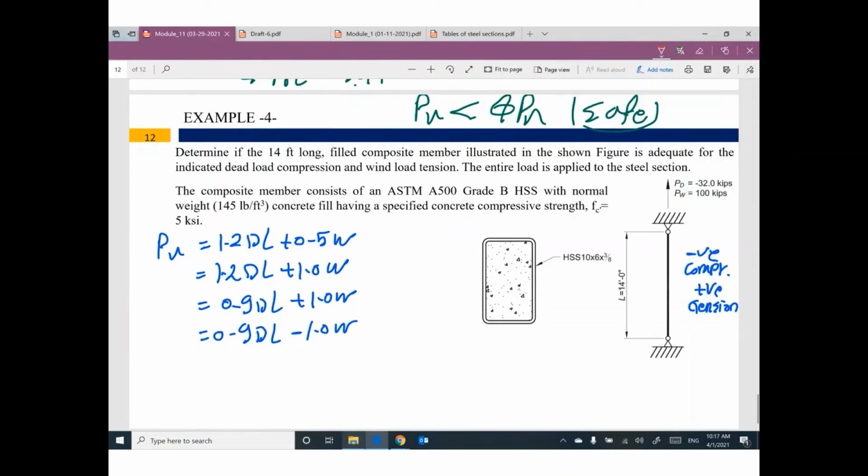Go ahead and put in your numbers. The value of dead load is negative 32. The value of wind load equals 100.